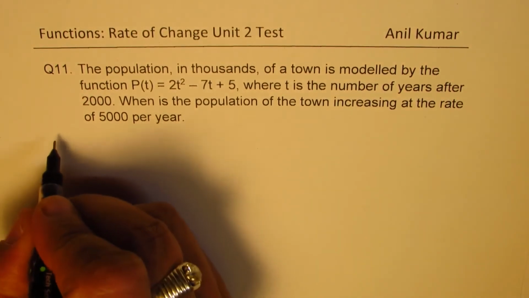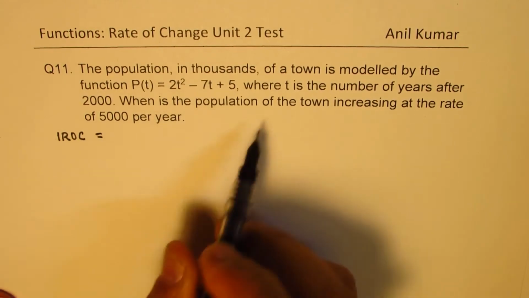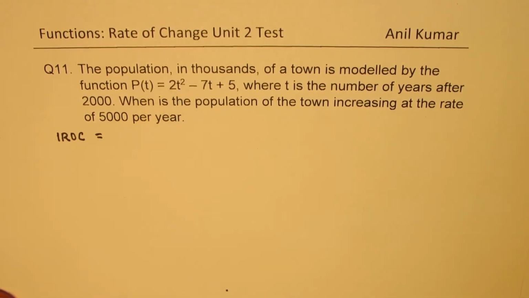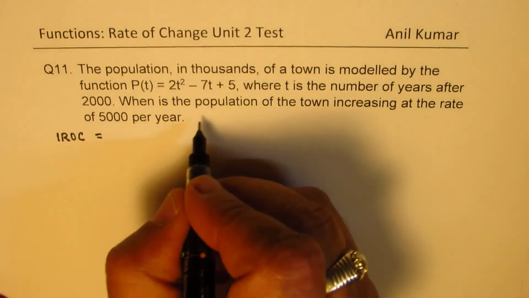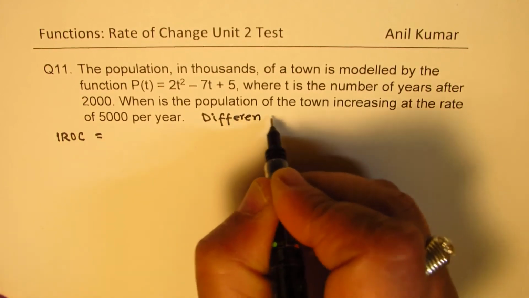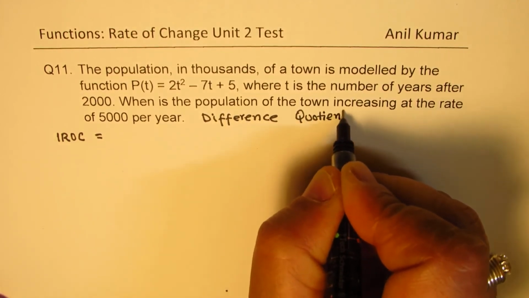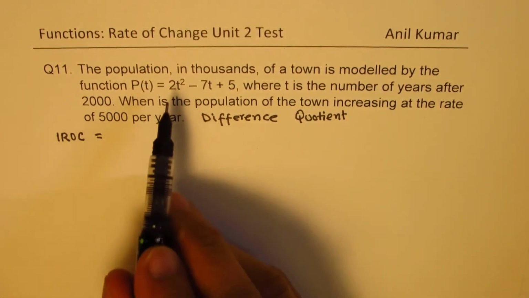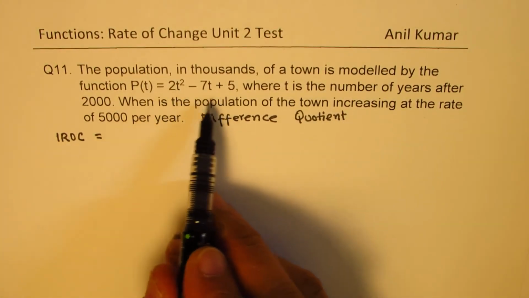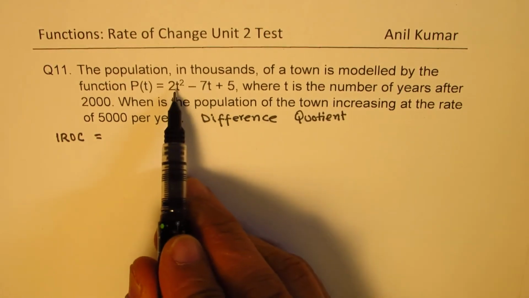So in this particular case, we are given the instantaneous rate of change, right? And we need to find the time when this happens. So we should use the method of difference quotient. Instantaneous rate of change is when we are talking about a time which is slightly more than t, right?